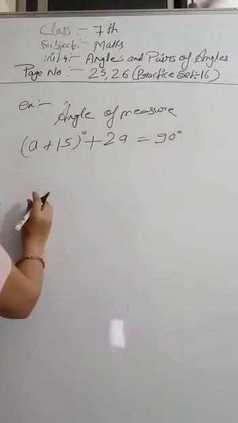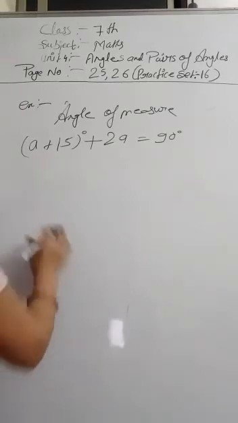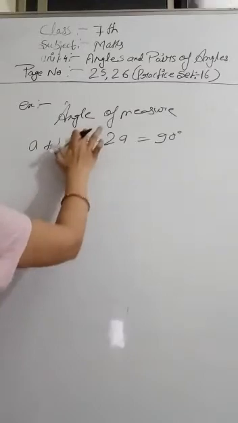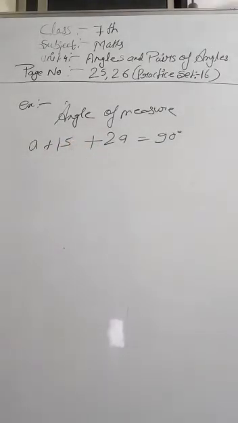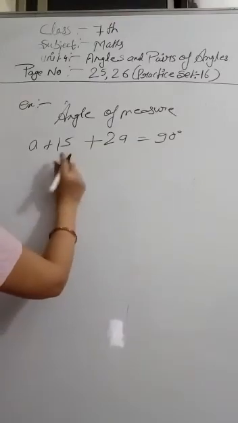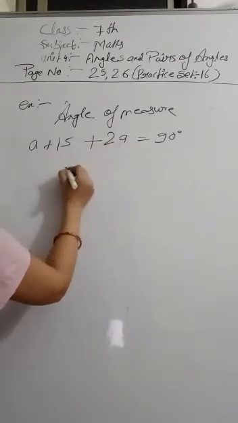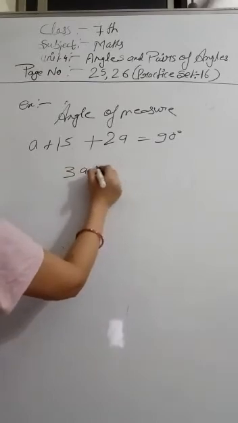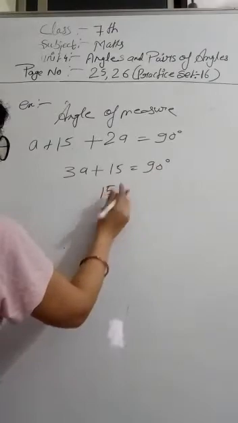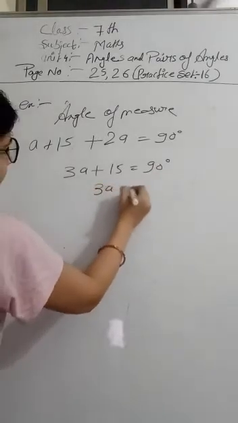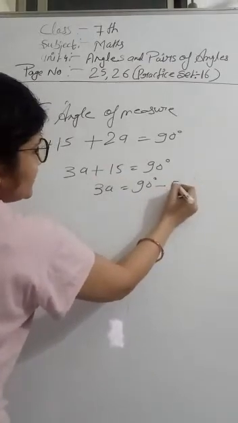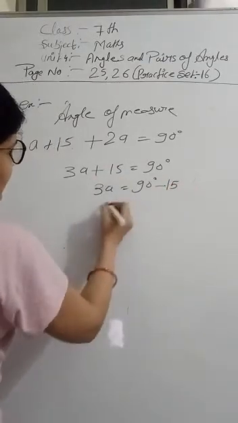90 degree. Now we will write A plus 15, removing the bracket, plus 2A. A and 2A will be 3A plus 15 equal to 90 degree. Now we will write here 3A and 90 degree, and 15 goes to the opposite side, so minus 15.